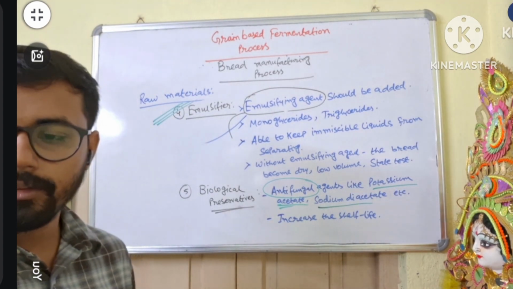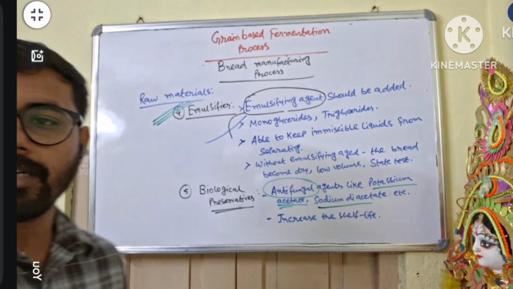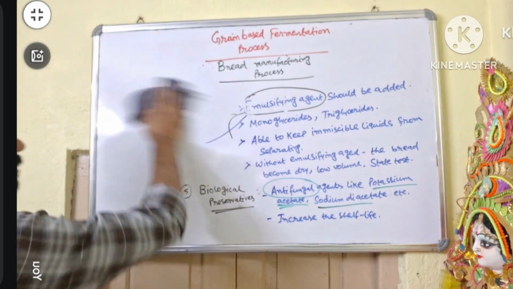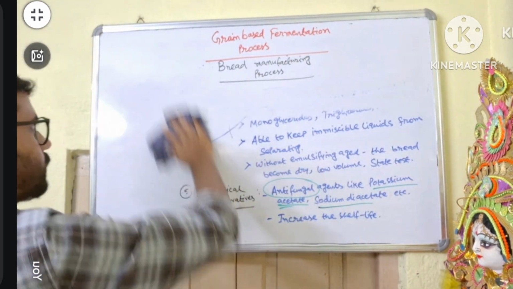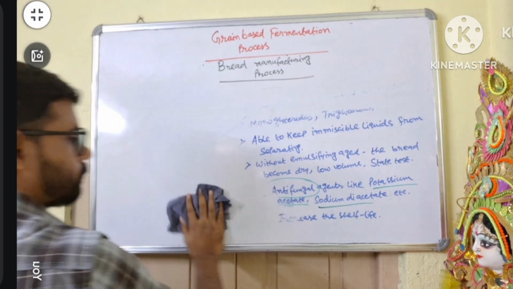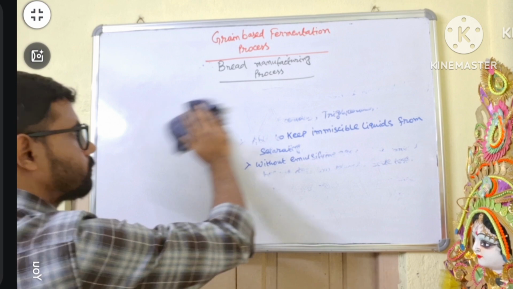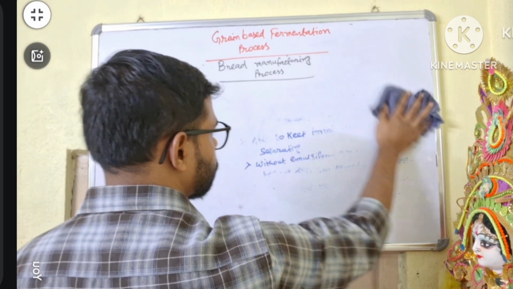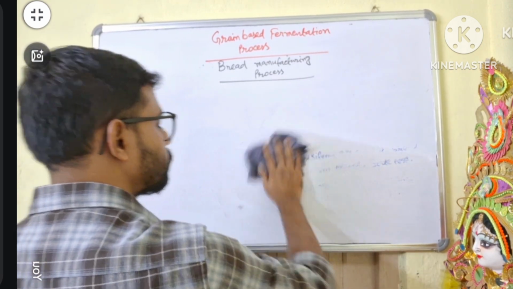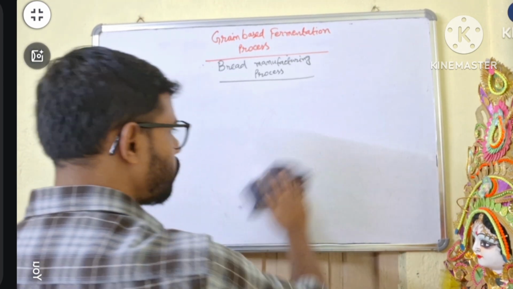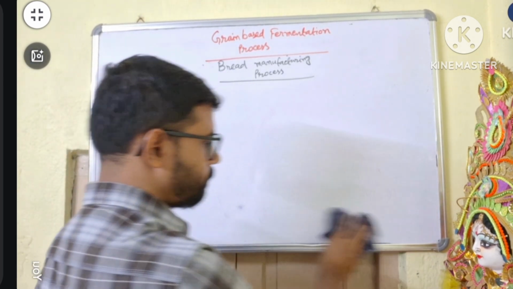Raw materials clear. Now it's time for culture addition. After raw materials, the next is the culture. Obviously, wheat grain does not contain yeast.